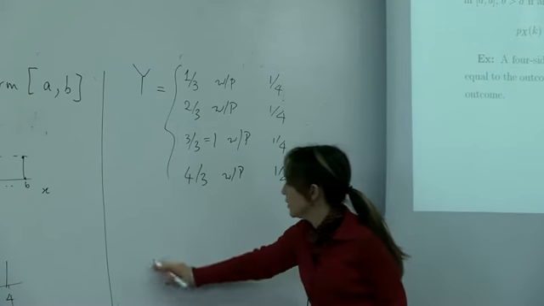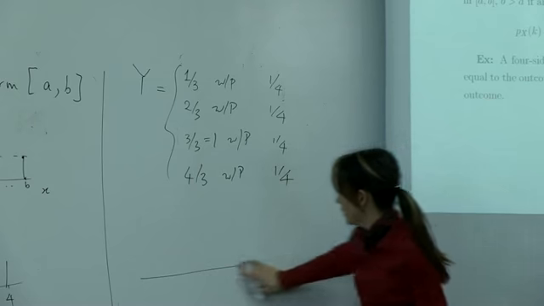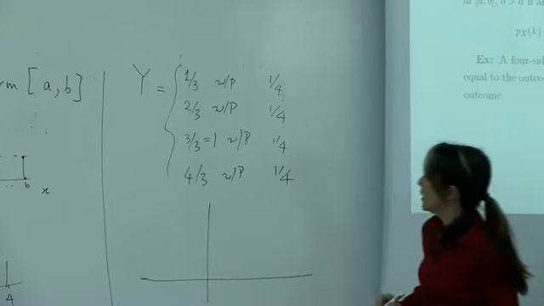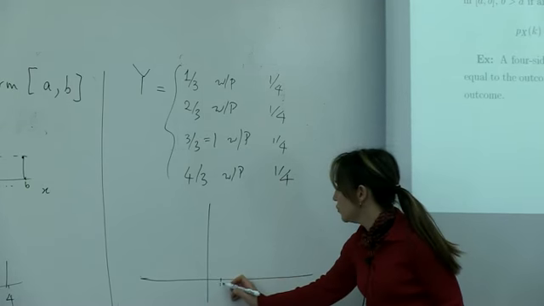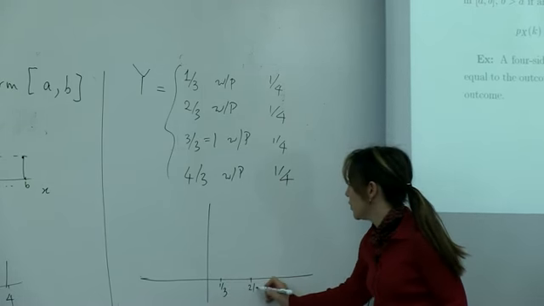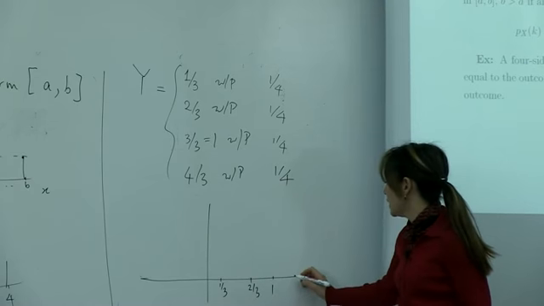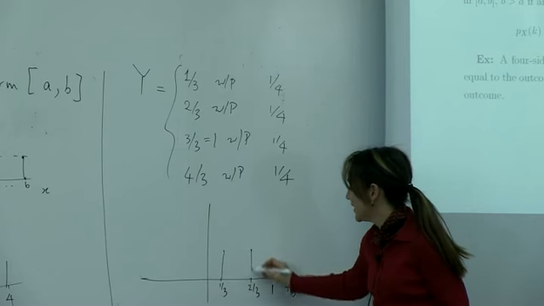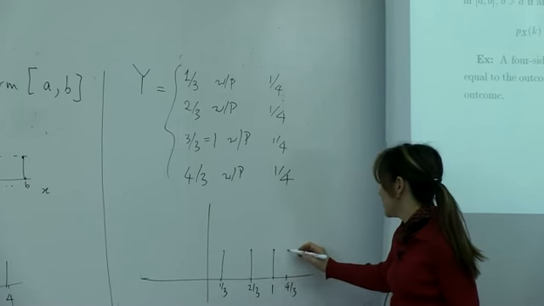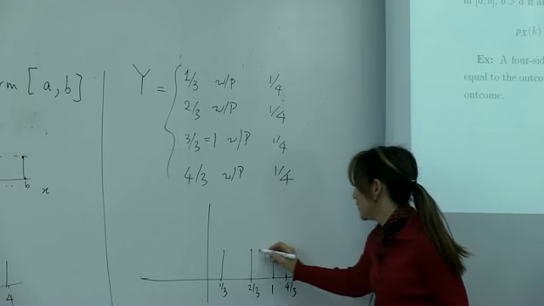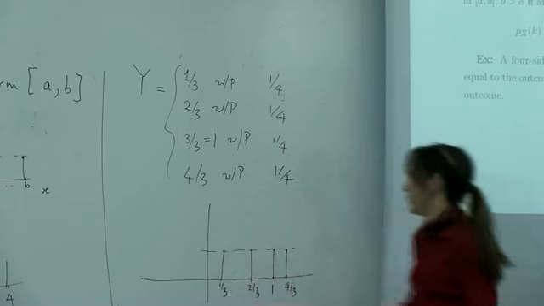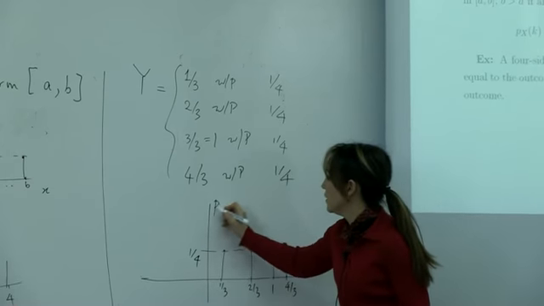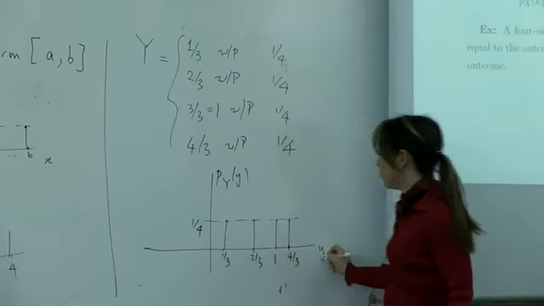Can we say that y is a discrete uniform random variable? So it takes the values 1/3 and 2/3 and 1 and 4/3. No, right? When I sketched it, people realized it does not fit into the definition of a uniform random variable.